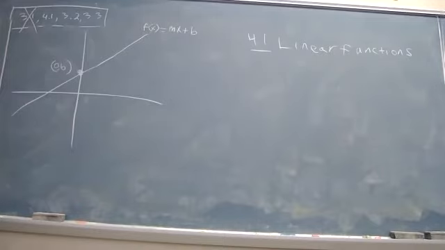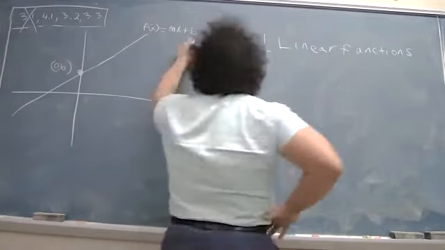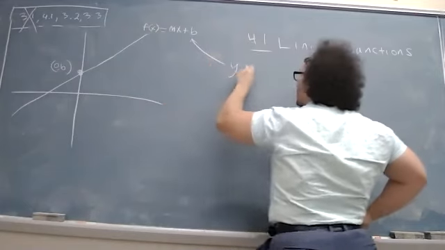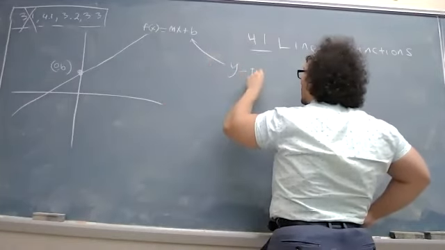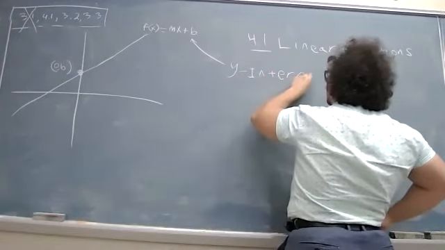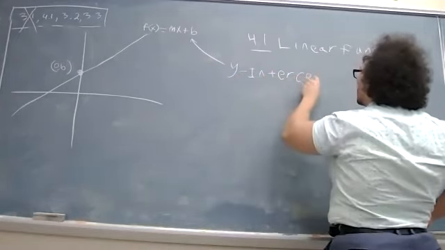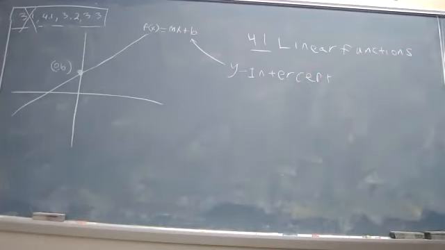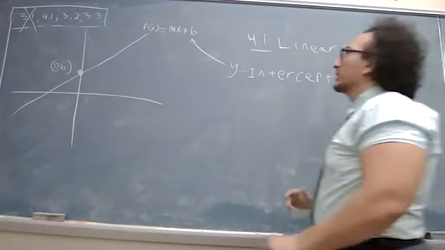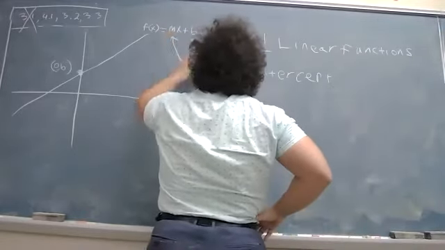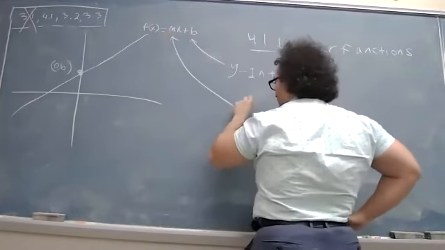And that b is called the y-intercept. Okay, this m here is called the slope.